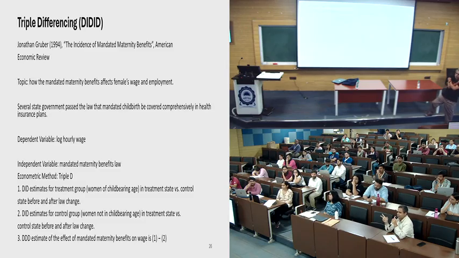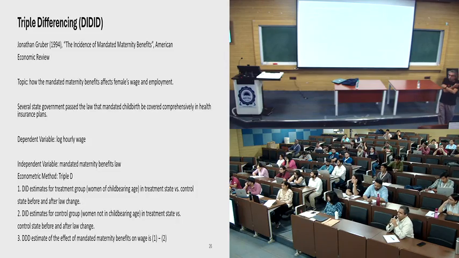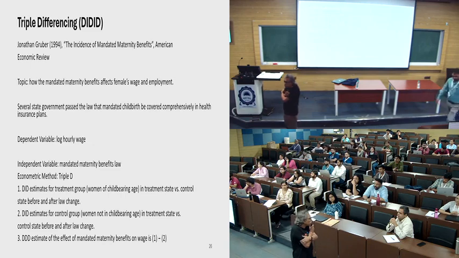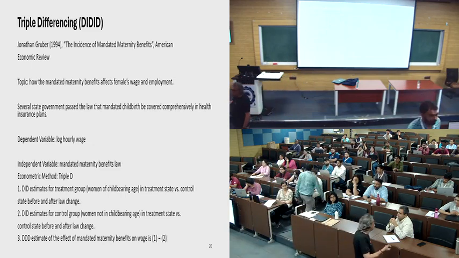So when we have 2 different control groups, we'll use triple D, or when we want to create 2 different control groups. Yes, because think of the minimum wage changes. It has no impact on the high wage workers. It has only impact on the low wage workers.